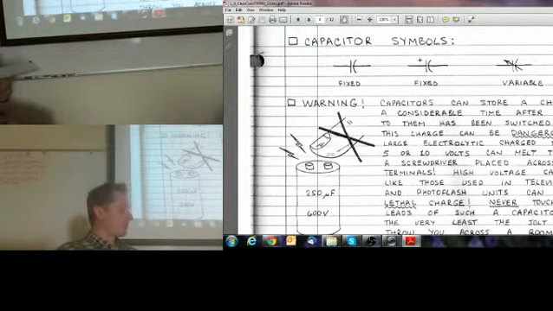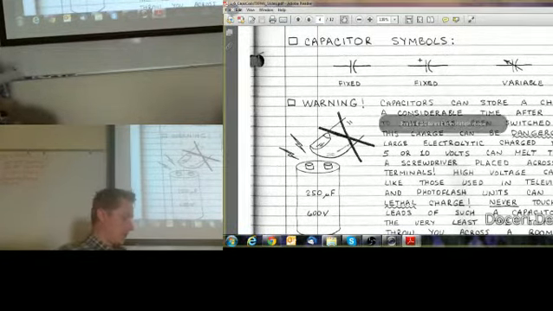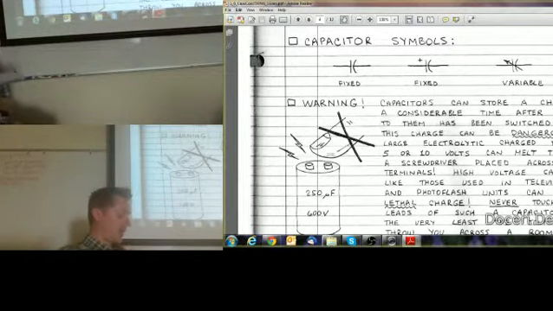Okay, what are the symbols for a capacitor? Okay, so the symbol for a non-polarized capacitor looks like that. Okay, for a polarized capacitor, we will put an arc on the symbol to denote the minus terminal.